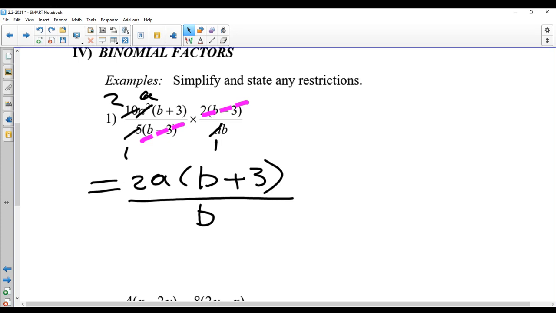I have 2 times A. The B plus 3 is still there. Oh, hold on, that's wrong. There was another 2 here. Sorry, I didn't see that 2. So this is actually 4A. That 2 times A times that 2 gives me 4A times the B plus 3. That 1 times the B just gives me B.